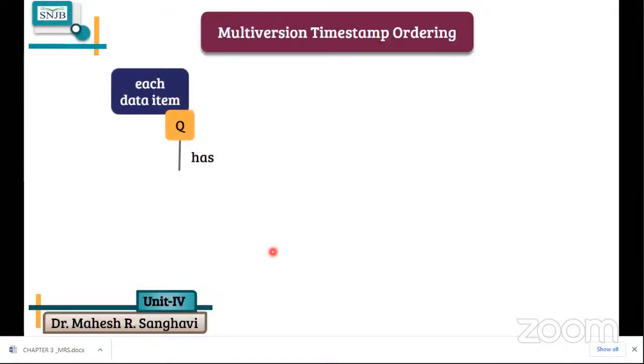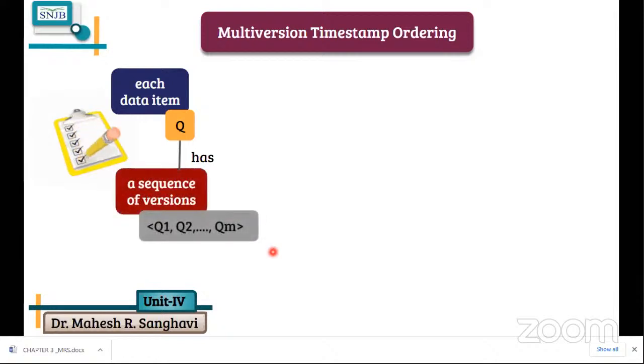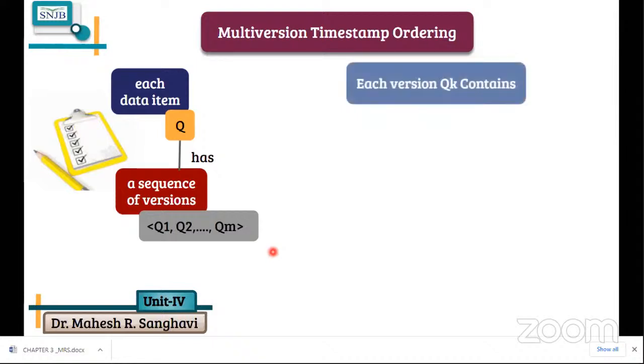Now this ordering is important. Each data item Q has a sequence of versions Q1, Q2, ..., Qm. Now you will tell me why to maintain the versions, because there may be possibility of rollback. आप commit नहीं करोगे, उसके पहले rollback हो सकता है. So there is need to maintain the versions of data item Q from Q1 to Qm, that depends on the concurrency mechanism of your transaction.